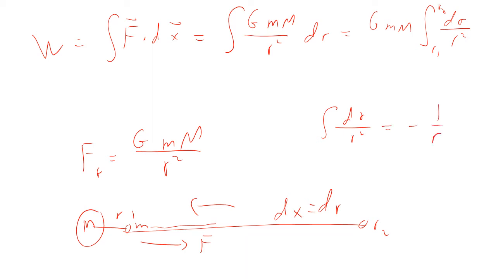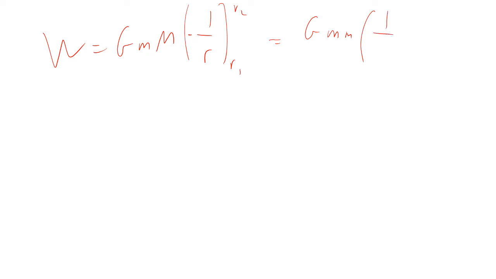So the work done is G M m times 1 over r evaluated from r1 to r2, with a negative sign. After some algebra, that's G M m times (1 over r1 minus 1 over r2). So that's the work done.